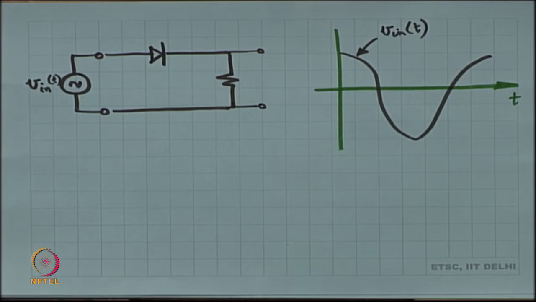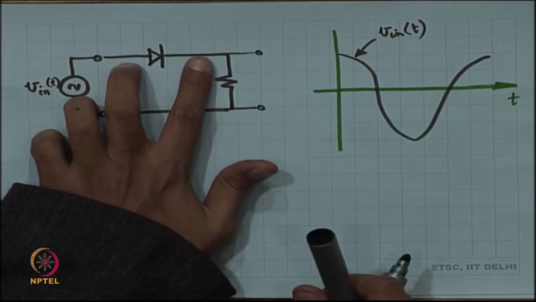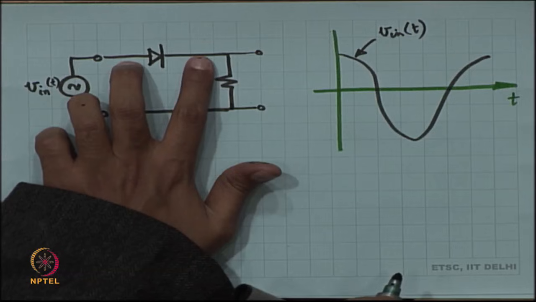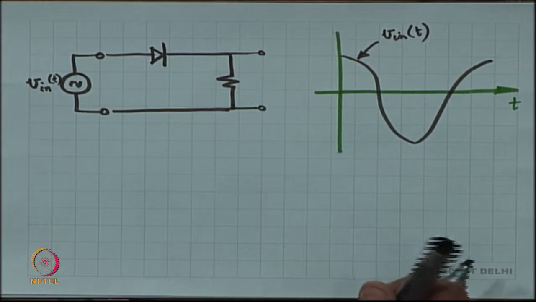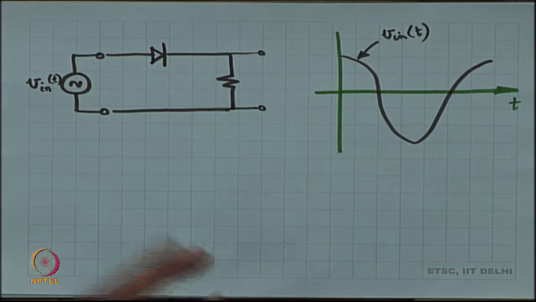Okay. What is going to be the result? The diode will have a drop of 0.7 if it is on. If the diode is off, it can sustain any drop as long as it is backwards, as long as the drop is negative.